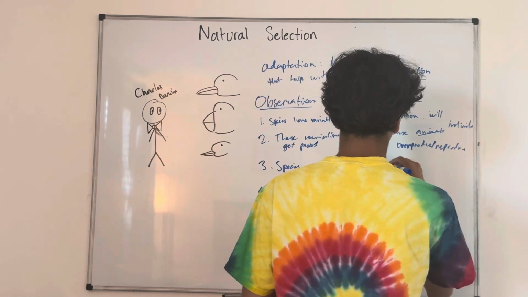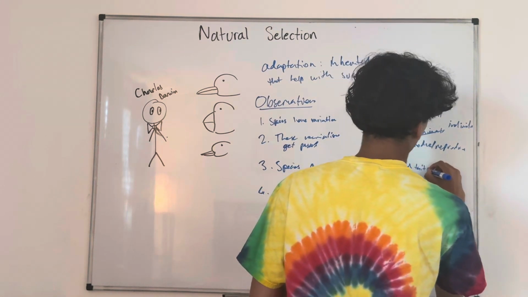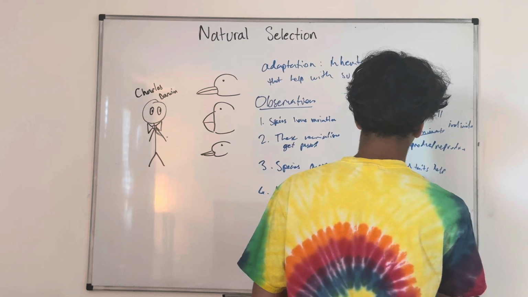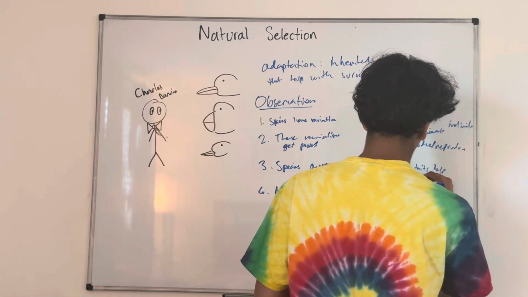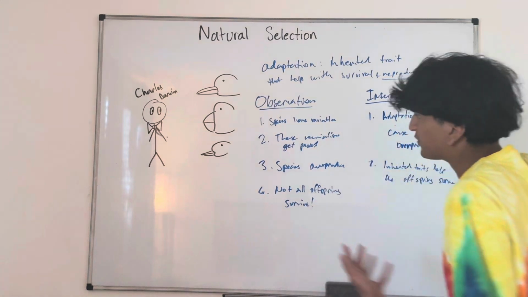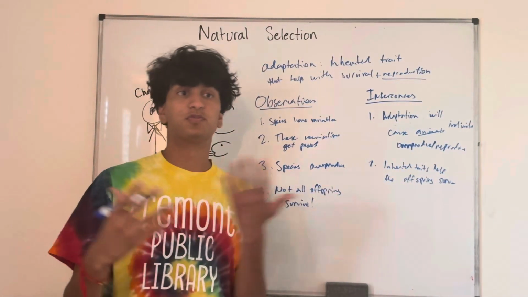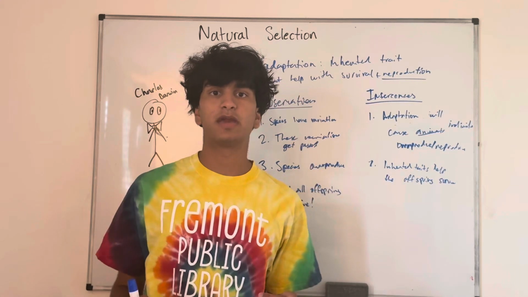And the inherited traits help the offspring survive. And when those offspring survive, guess what's going to happen? They're going to grow up and they're going to reproduce, and those traits keep getting passed down.